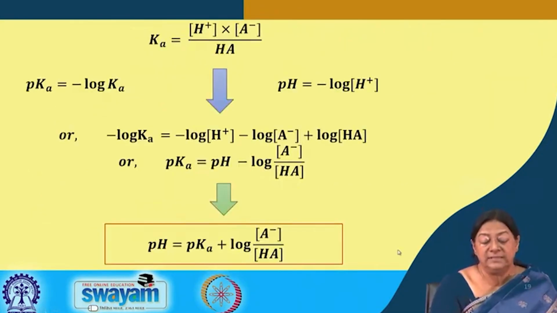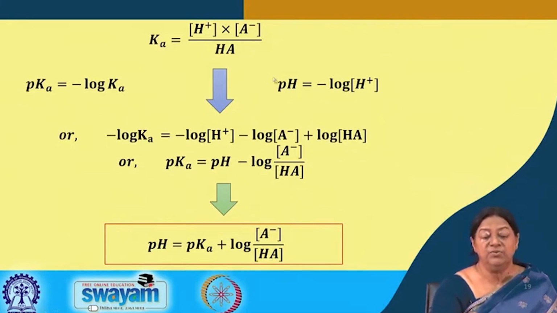So, when we look at a value considering the Ka, the H plus concentration we know is defined by the negative logarithm of the H plus concentration, which we define as the pH.